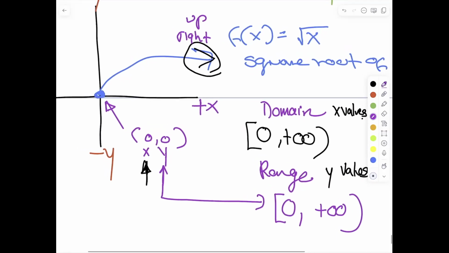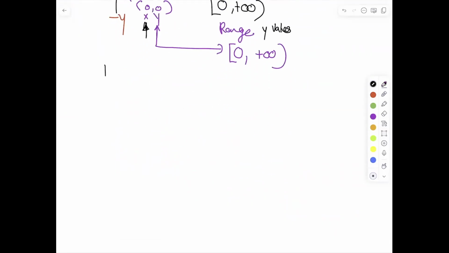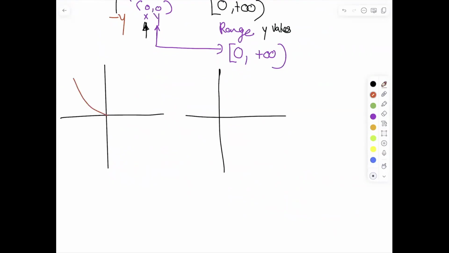Now, how can I tell if this is a function? What kind of test can I give it? What do we call that test?